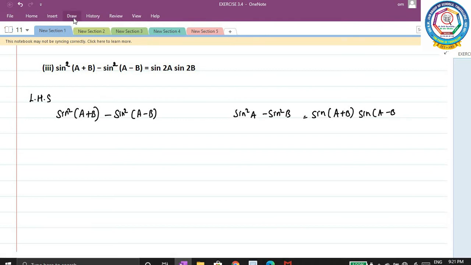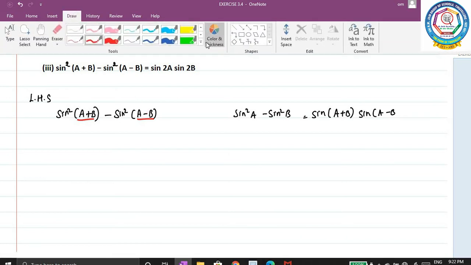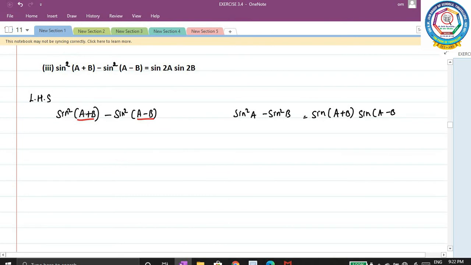Here instead of angle A, A plus B is there, then instead of angle B, A minus B is there. So I am going to apply the identity here. sin²A minus sin²B is equal to sin of (A+B) plus (A−B) into sin of (A+B) minus (A−B). Here the B terms cancel, giving 2A.